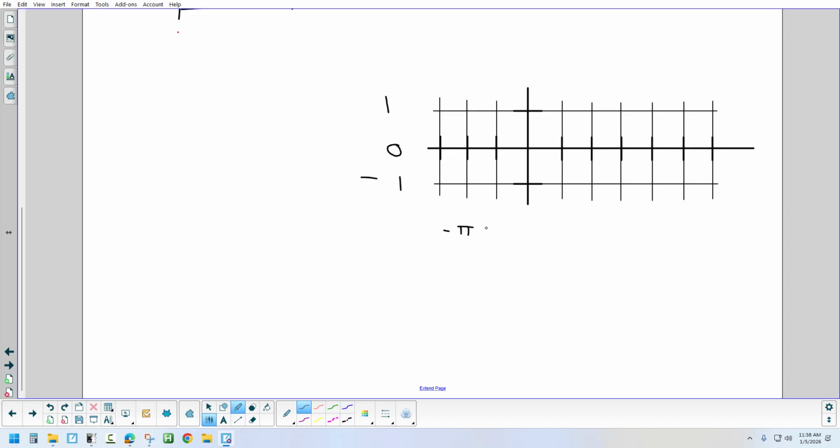Then negative pi over 2. I don't have to label 0, I know 0 has to be the axis. You can't change that. And then pi over 2 and pi. So in degrees, these are the numbers negative 180, negative 90, 0, 90, 180. They're all 90 apart.